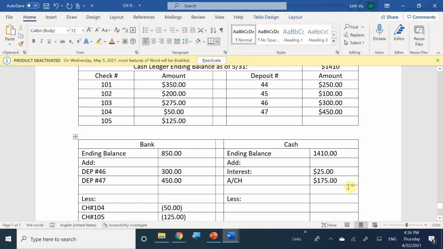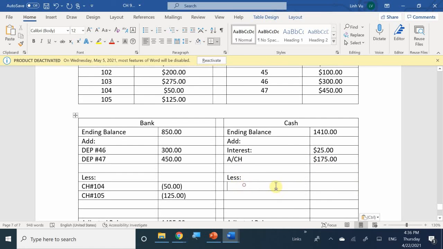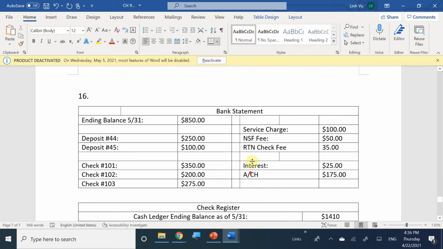Now, what do I need to subtract out from my cash ledger? Your service charges and any non-sufficient funds. Good. So here we have a service charge of $100. We also have an NSF fee for $50, and a return check fee for $35. So in this case, what is my total amount of fees?